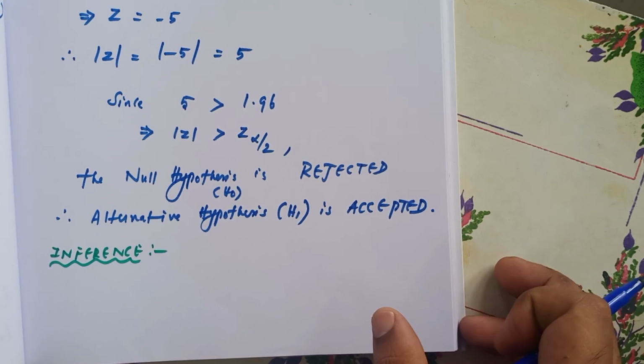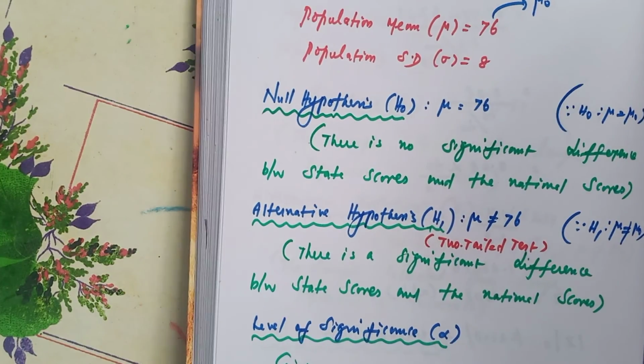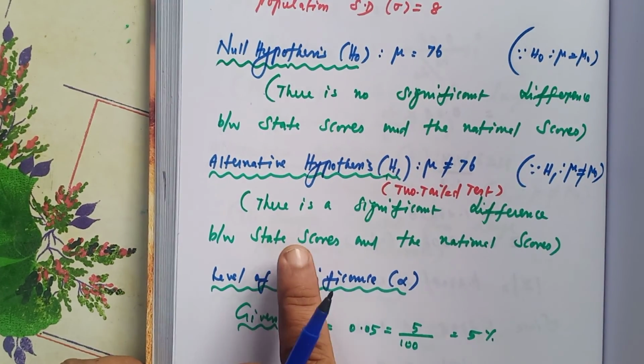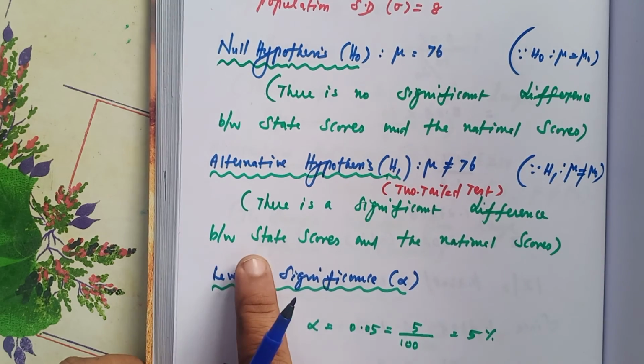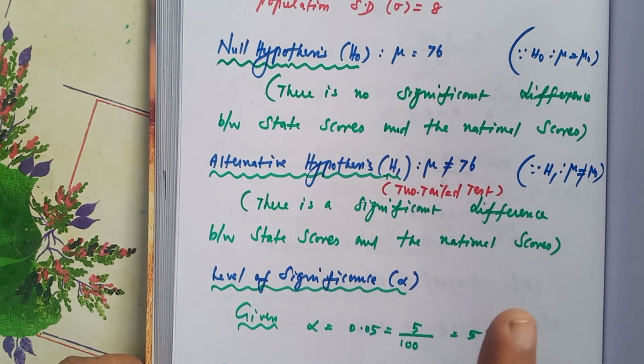So what is given in that alternative hypothesis? What I mentioned here: there is a significant difference between state scores and the national scores.